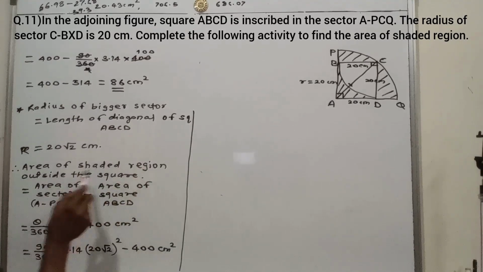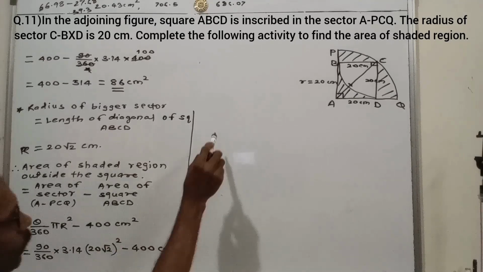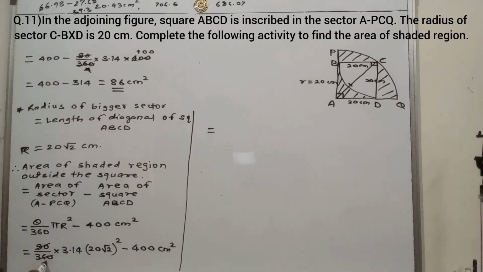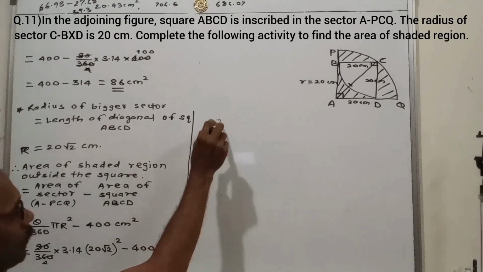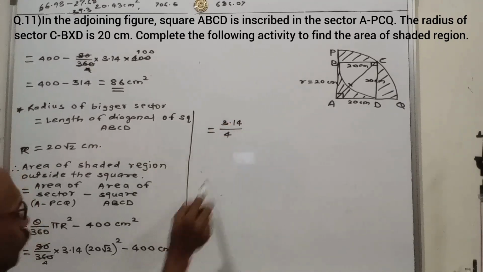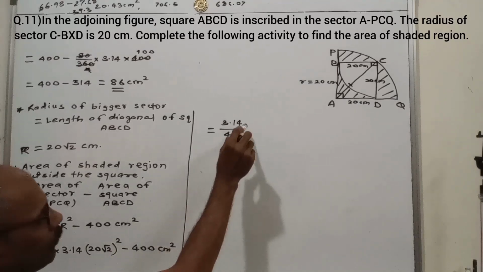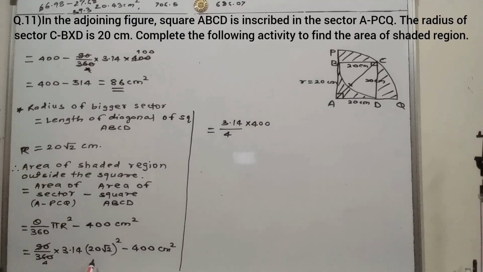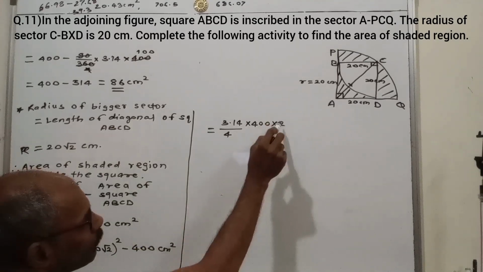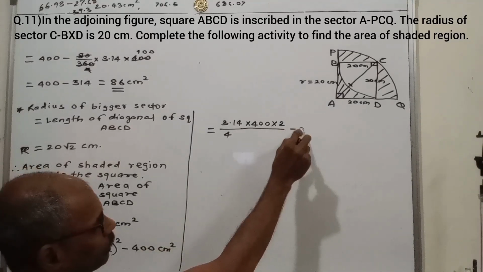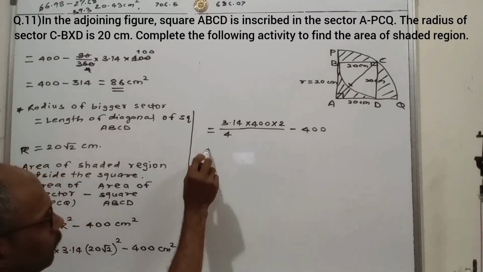Therefore, area of shaded region outside the square is equal to 90 upon 360 is one fourth. Therefore, 3.14 upon 4 into 20 square is 400 and square root of 2 square means 2, into 2, minus 400.